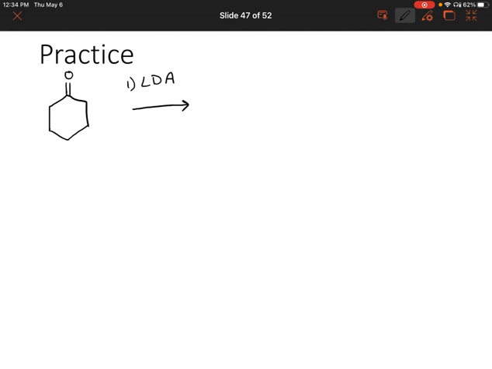So remember, LDA is a bulky base that will turn our ketone into an enolate. Then we're going to react our enolate with this alpha beta unsaturated ketone. And then finally, we'll use acid at the end.